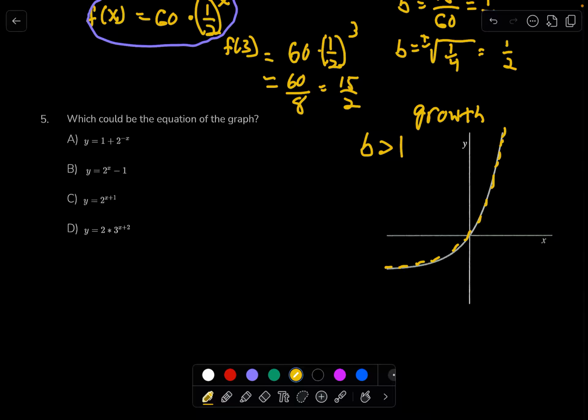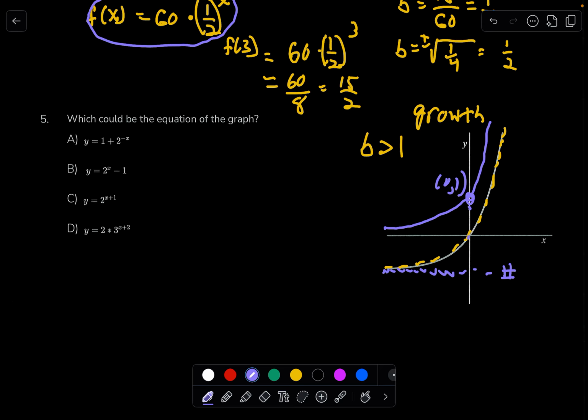And also, notice the original function would have been something like this, where that's 1, 0, 1. But now it's down here. Actually, it's down here at some negative value.